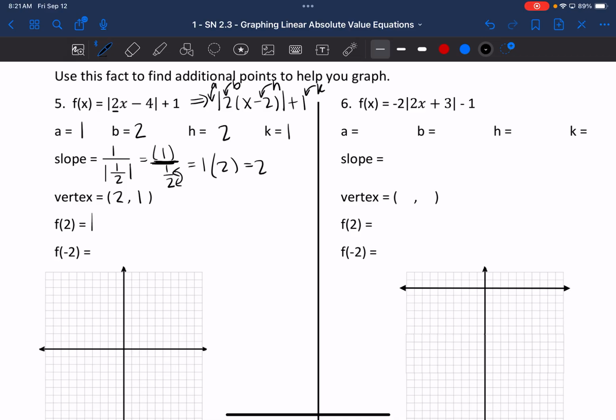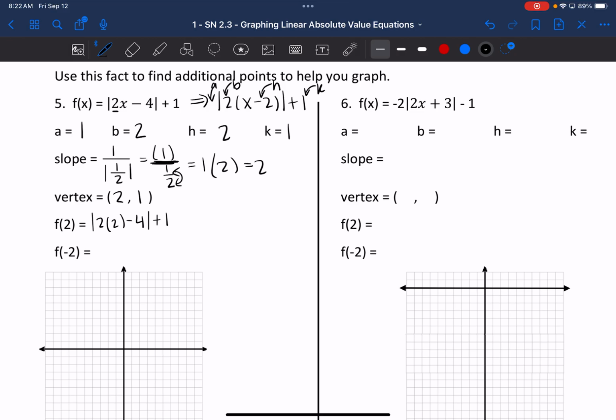So I'm going to have the absolute value of 2 times 2 minus 4, close that absolute value, plus 1, right? So we work inside the absolute value first. What should I do first in there? Multiply the 2's.